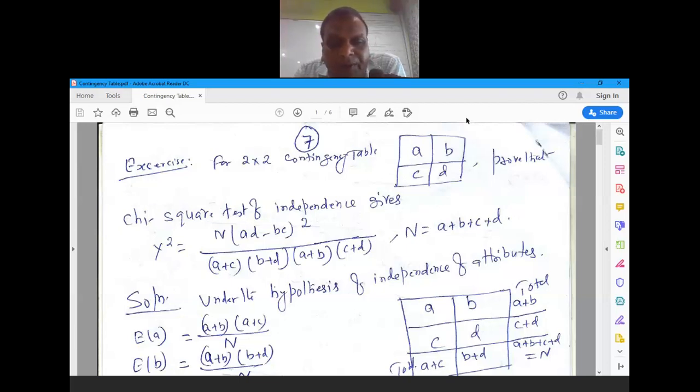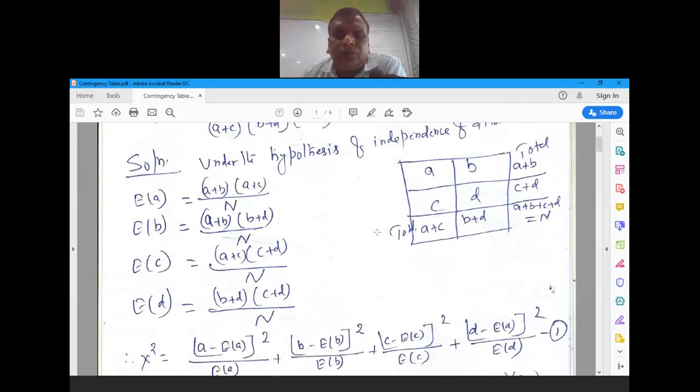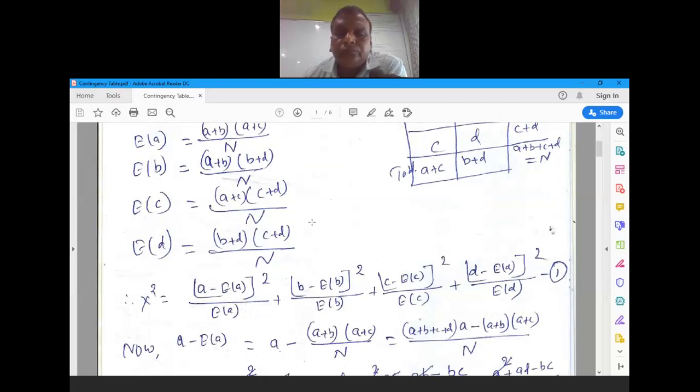So here the expected value of a is equal to (a plus b) into (a plus c) divided by N. Similarly, expected value of b is equal to (a plus b) into (b plus d) divided by capital N, expected value of c is equal to (a plus c) into (c plus d) divided by capital N, and expected value of d is equal to (b plus d) into (c plus d) divided by capital N. Now we know that chi-square is equal to summation of (Oi minus Ei) whole square divided by Ei.